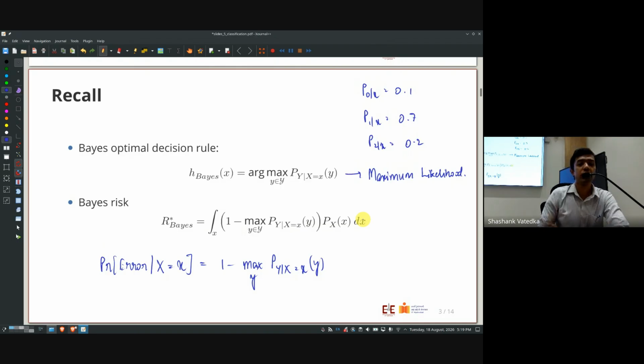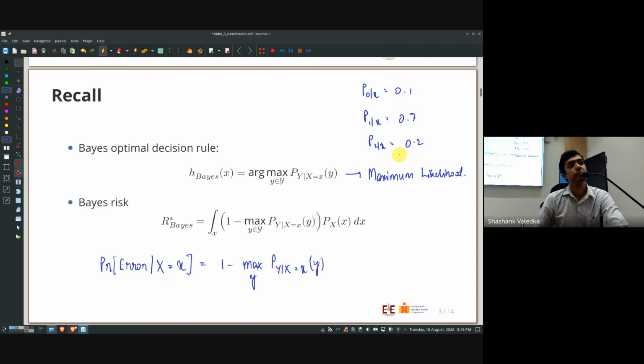Suppose that the ML estimator outputs 1 in this case. If the true value of y is equal to 1, then there's no error, so the 0-1 loss that you incur is 0. You incur a loss of 1 if y is either equal to 0 or equal to 2. But what is the probability of that event happening?